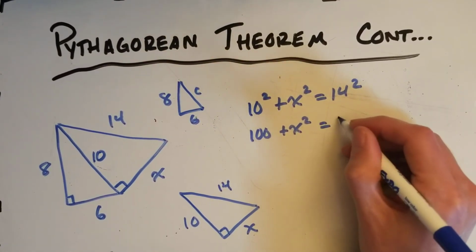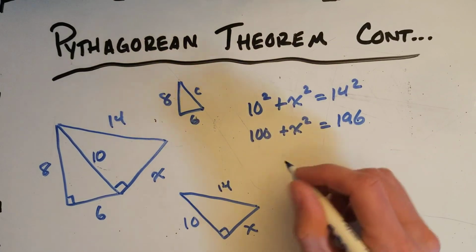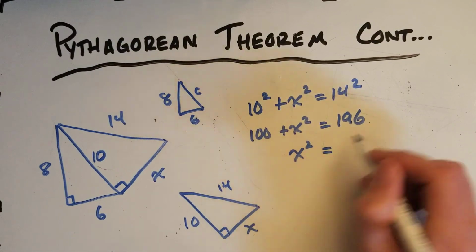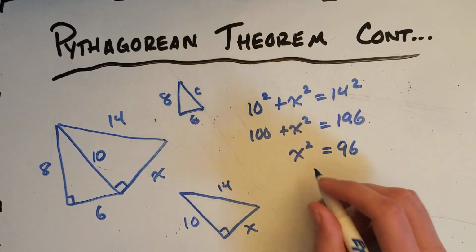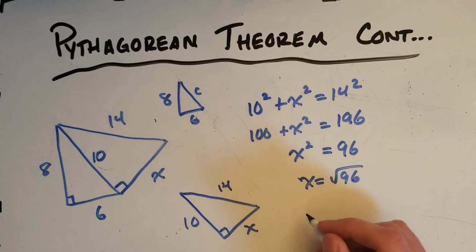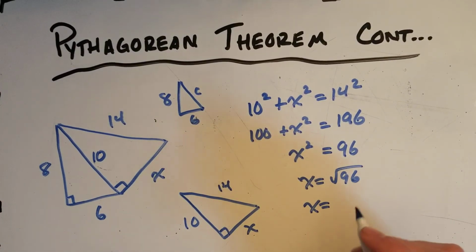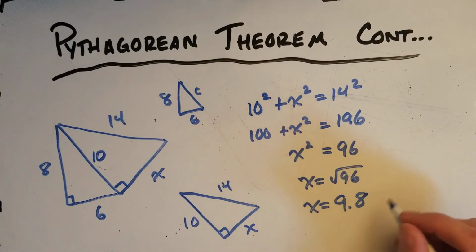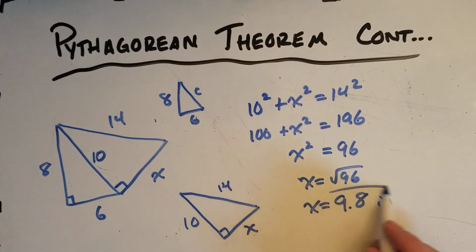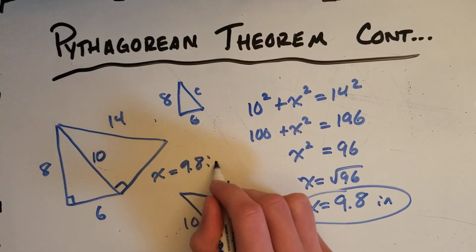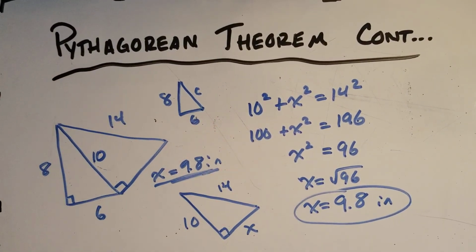And 14 squared, we should get 196. So when you subtract 100, x squared is equal to 96. So x is equal to the square root of 96, which when we round to the nearest tenth, x would equal 9.8, and we're still in the unit of inches. So that would be your value of x down here. It's 9.8 inches, and that's what we were looking for.